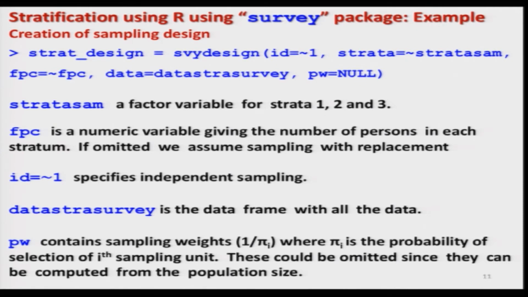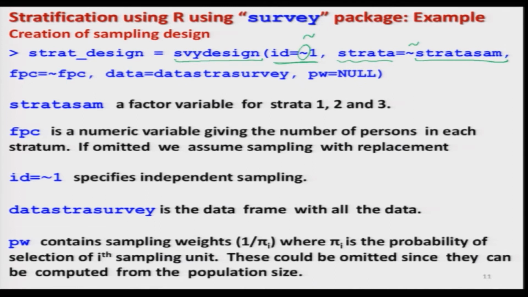The command here is svydesign, and then we give id equal to tilde 1. This id equal to 1, with the tilde sign available on your keyboard, indicates that we are going to use independent sampling. Whatever the strata are, how the strata have to be created, I indicate by the tilde sign followed by the name of the variable.